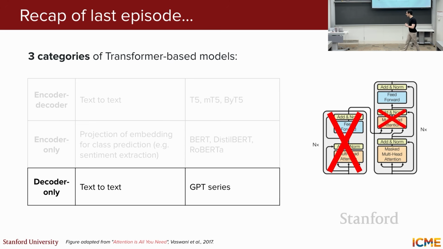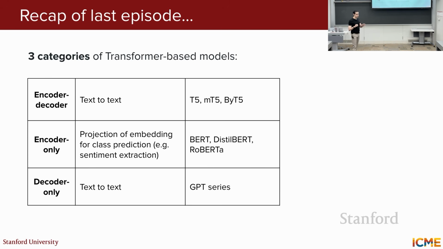These kinds of models are text in, text out, and GPT is a very good example of such models. Actually, most models these days are decoder-only. So these are the three main kinds of models that you can see out there. So far, so good for everyone?